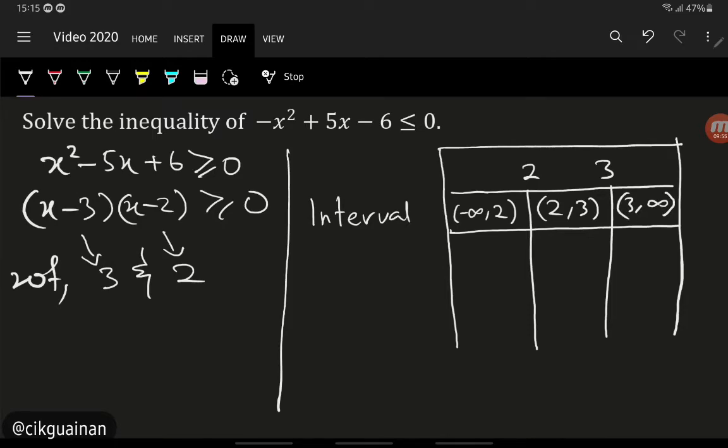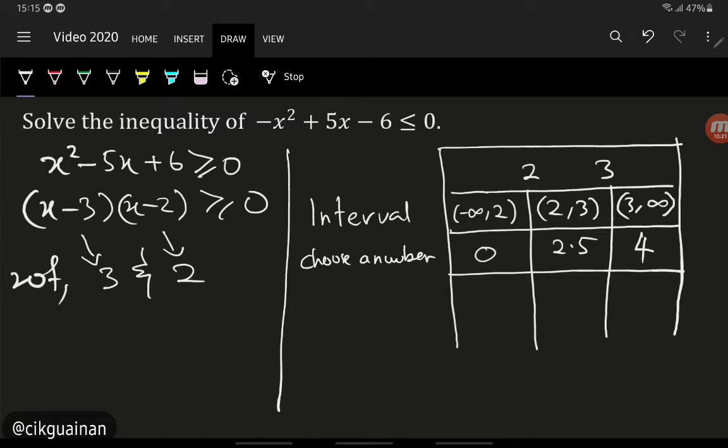Now, next we choose a number that belongs in each interval. So this one maybe 0, this one is 2.5, and this one is 4. Next we write the factors one by one.